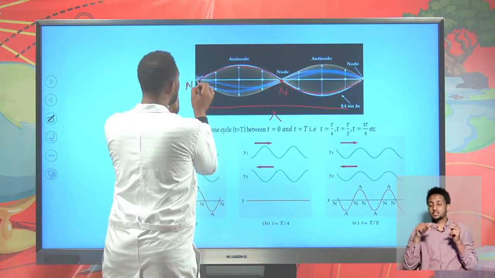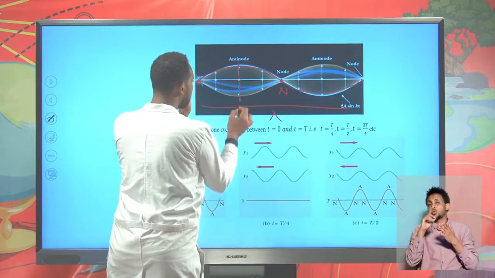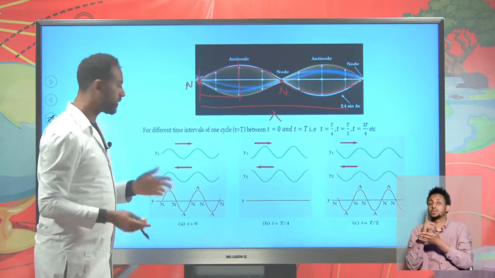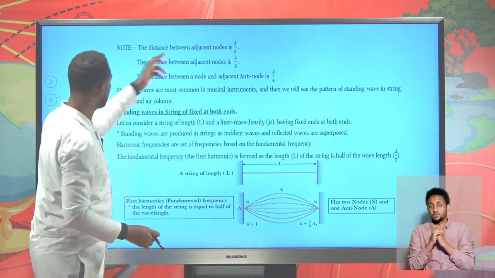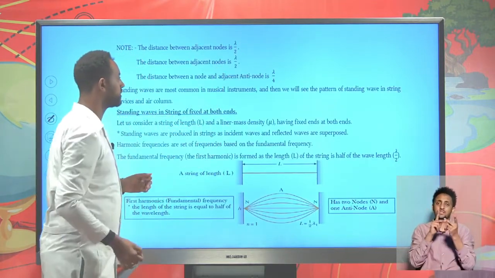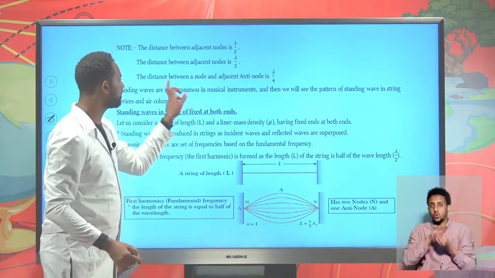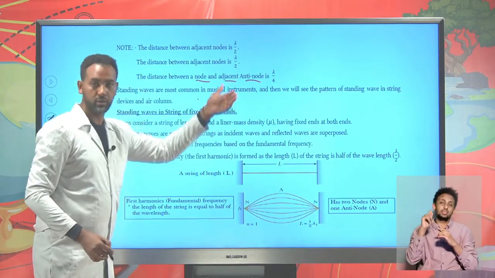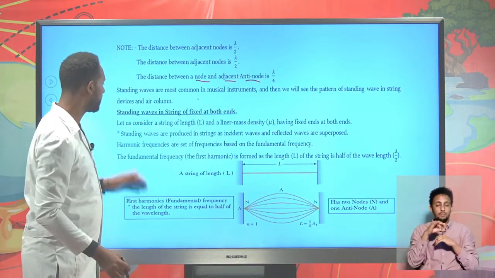Whereas the distance between a node and an antinode is lambda over 4.